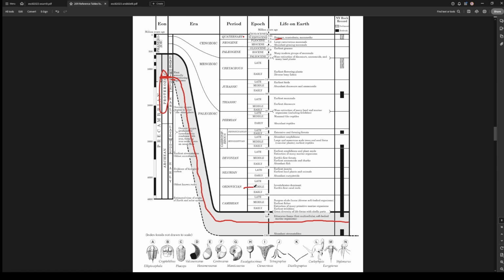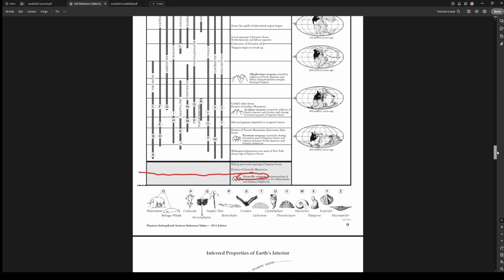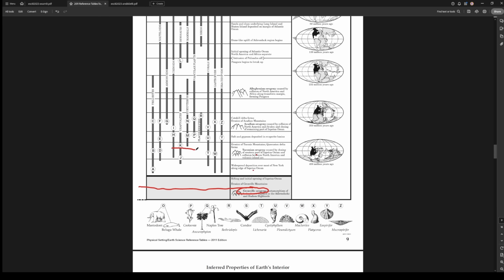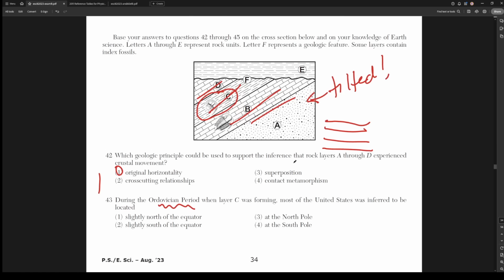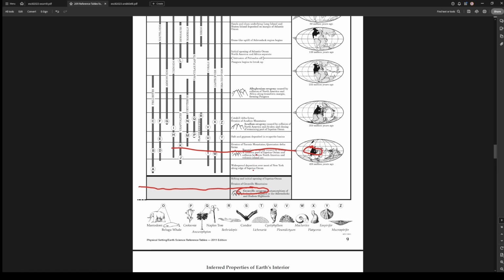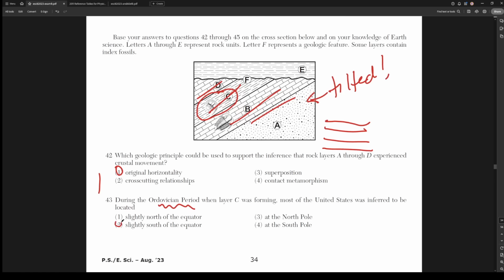Here, so it's like 2 boxes above the gray. So gray, 1, 2, that's here. So here, North America is on the equator. Slightly north of the equator. The United States, let's see, it's actually slightly south of the equator. Yeah, 2.